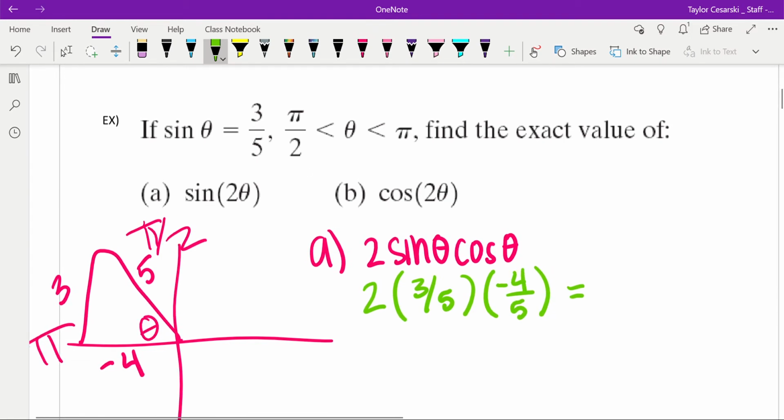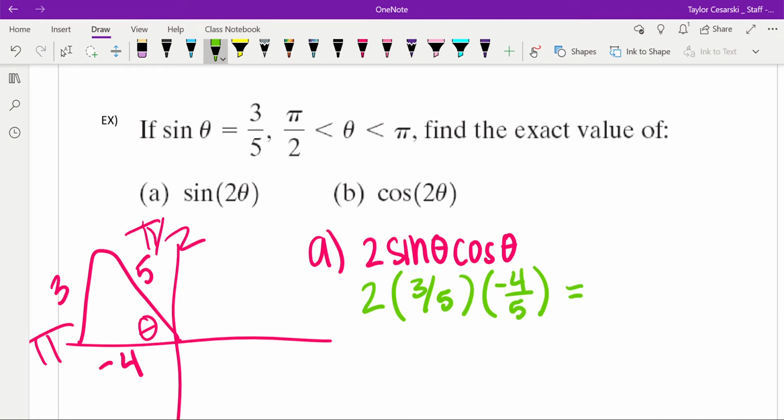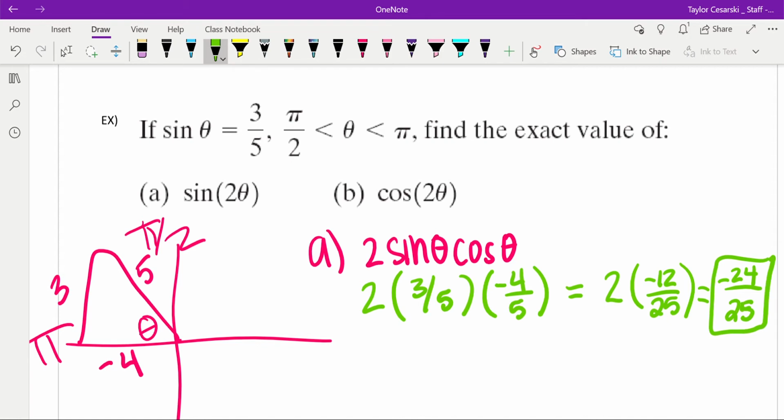So I'm going to have to do a little bit of multiplication here. That's going to be 2 times -12 over 25, because I'm just multiplying straight across, and then I get -24 over 25. That is the answer for A.